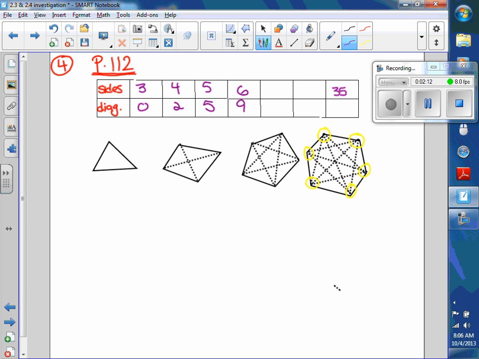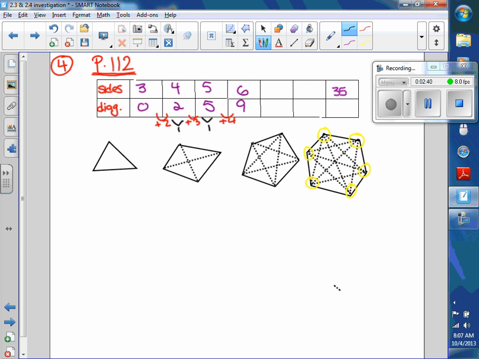Okay, good enough. When we look at the pattern here, we're going up by 2, then up by 3, then up by 4. And so we know, since it's not going up by a constant factor, that it's not linear. So we're going to look for a multiplying pattern. It's going to be a quadratic, because the second time it goes up by 1.